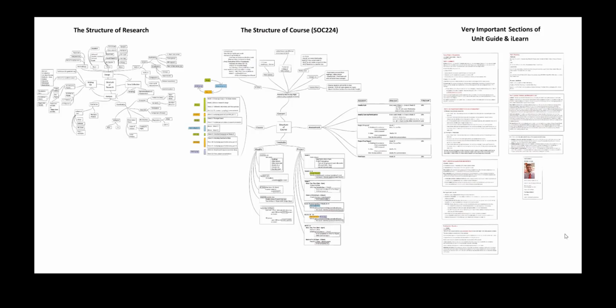Research methods is a course which unfortunately has a bad reputation amongst most lecturers and students across most universities across the world. However, I'm going to make a promise to you that this class is going to be different.